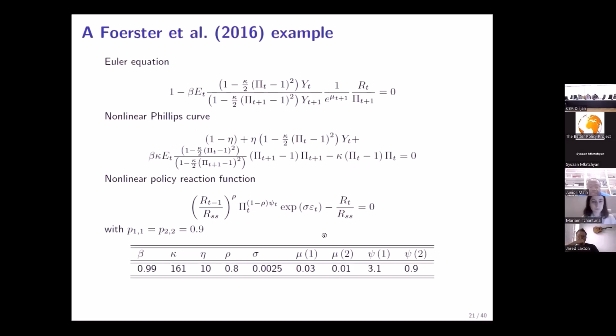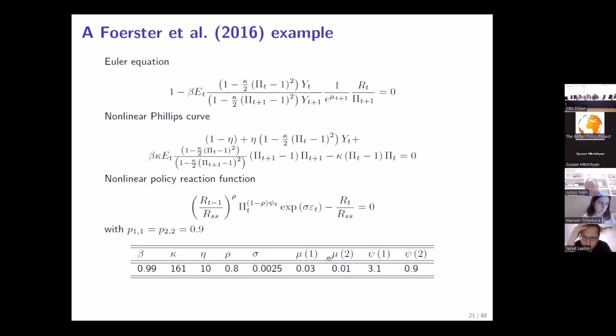There are two parameters that switch in this economy. The first one is the growth rate of the economy, mu, and the second one is the reaction to inflation, psi. Those parameters can assume values 0.03 and 0.01 for mu, and 3.1 and 0.9 for psi.